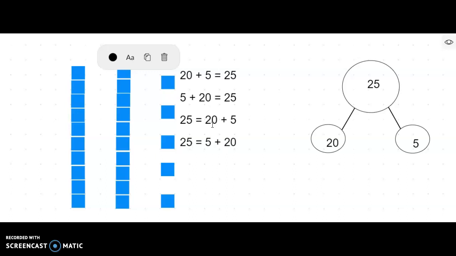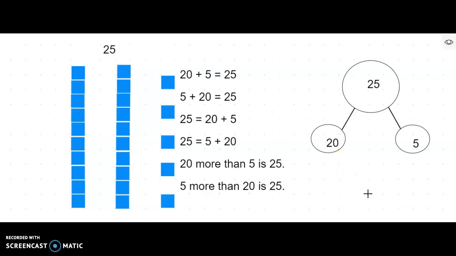We can also use words and say 20 more than 5 is 25, and 5 more than 20 is 25. There is a lot of different ways we can say this. But what have I learned? I've learned that my tens and ones are part of a whole number, and there's a lot of ways to represent that.